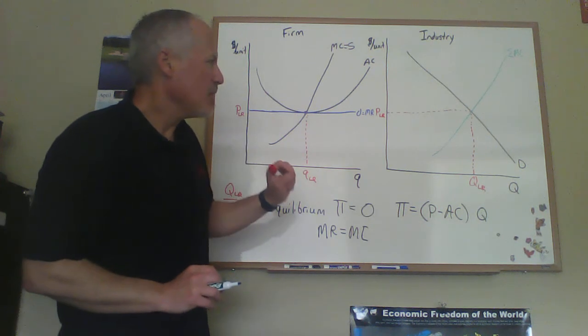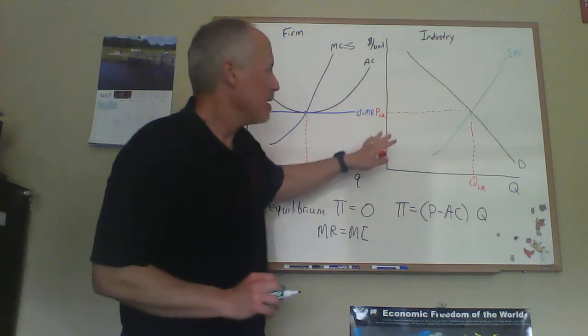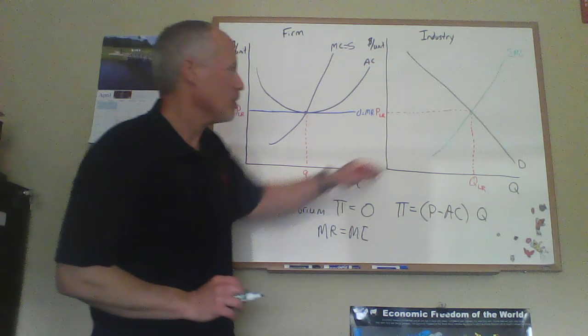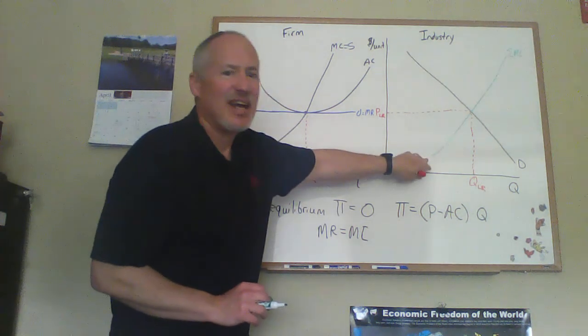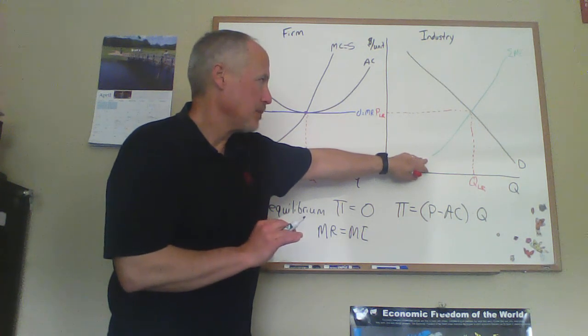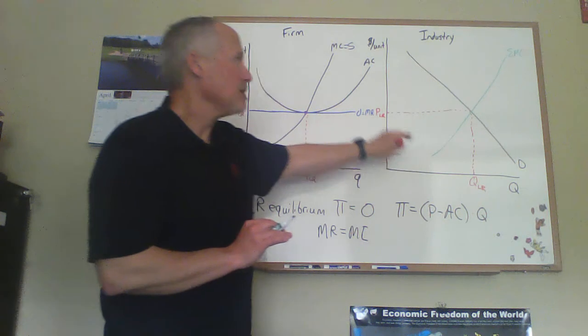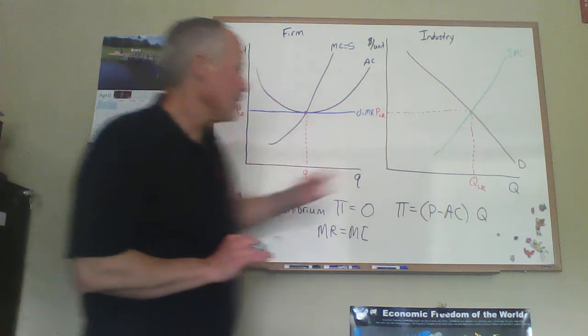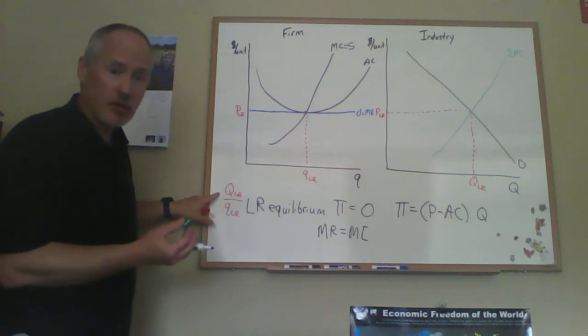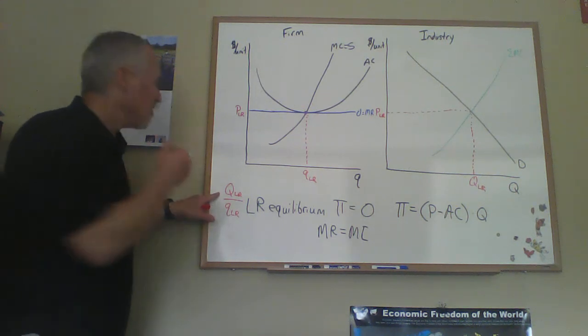But if you think about it, we're adjusting the number of firms in the industry, and we can do that in the long run. So this cannot be a long run supply curve for this industry, because this is for a fixed number of firms, and even though this is the number of firms we will have in long run equilibrium, the number of firms isn't fixed at that number.